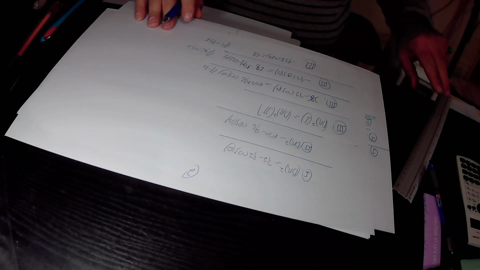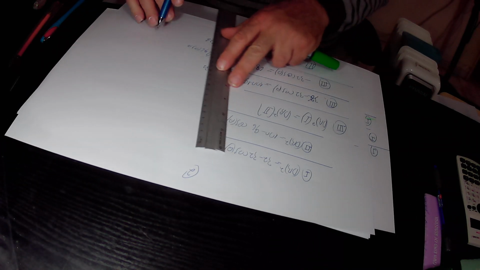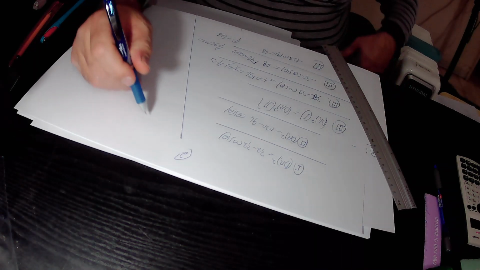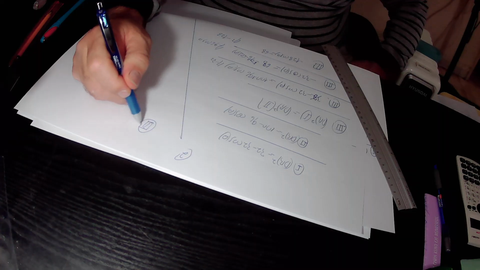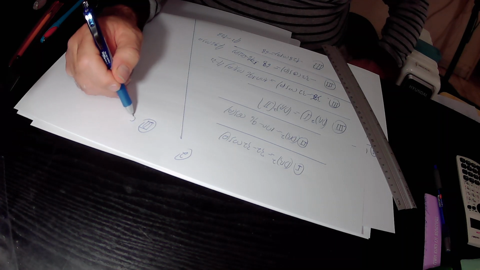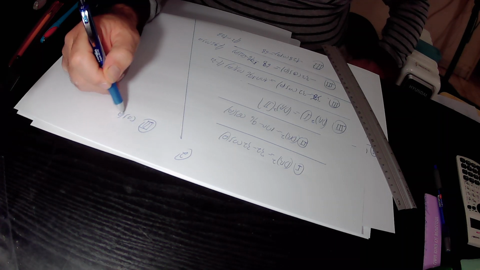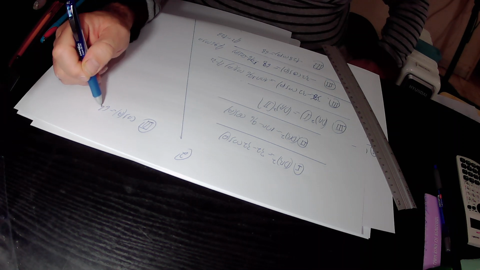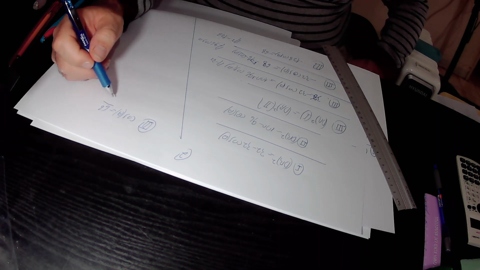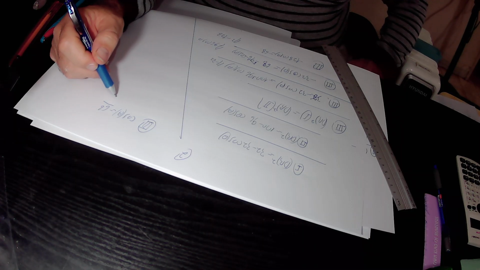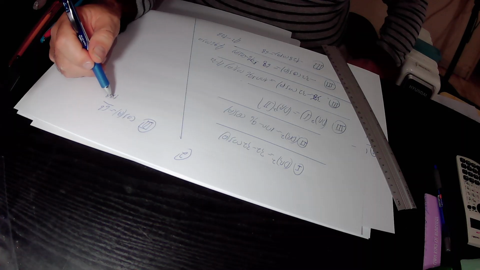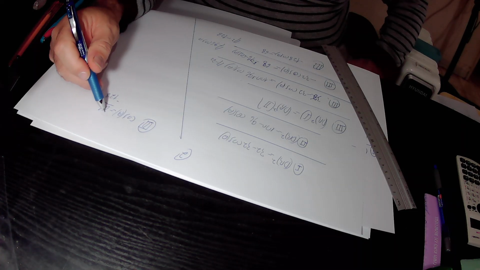And you get that according to equation 3, cosine theta equals 68 over minus 128. So it is minus 68 over 128.